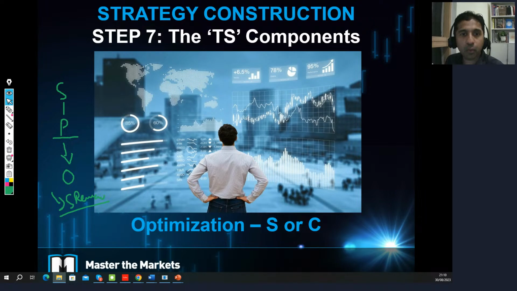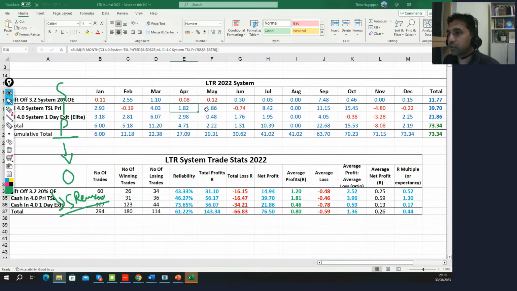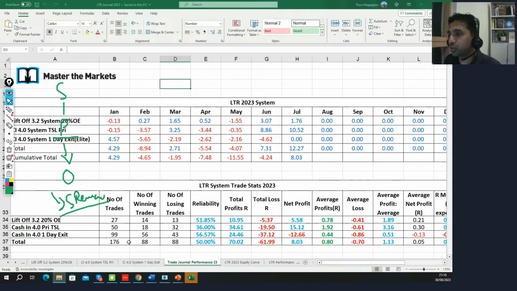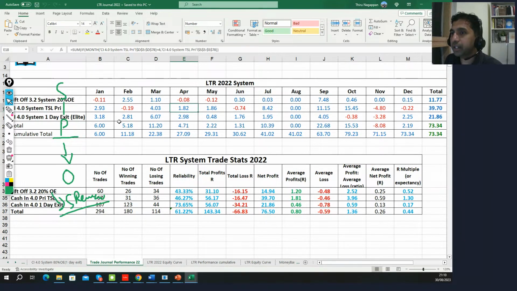And this is where we usually show you what we have achieved. Let me pull this up very quickly for you guys, the 2022 results and 2023 results on the Excel spreadsheet. So for 2022, we had 3 strategies. Some of you might be thinking that we punch all these numbers in.